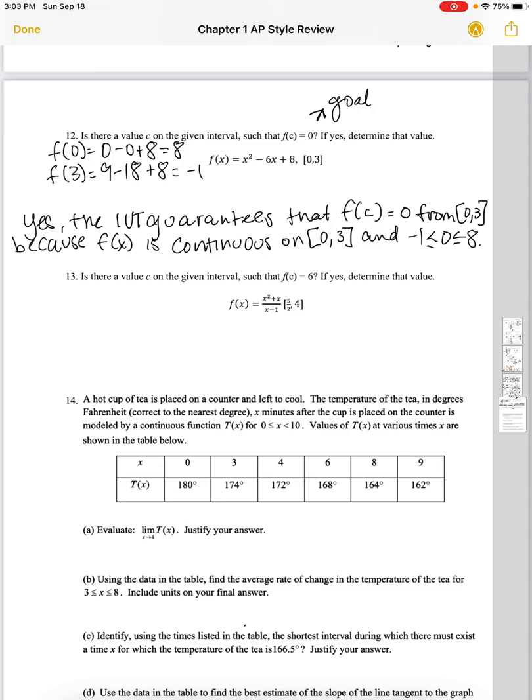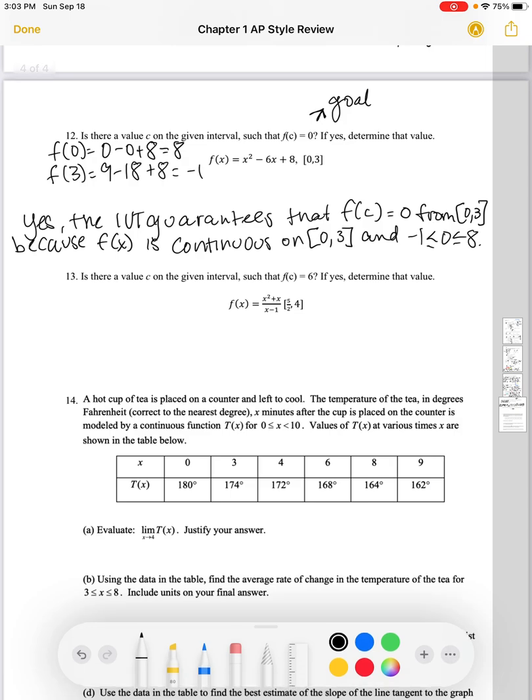All right, but then the next thing it wants us to do is find that c value. So we're looking for when that y value is going to be 0. So set the function equal to 0.